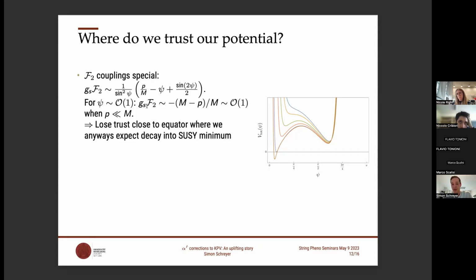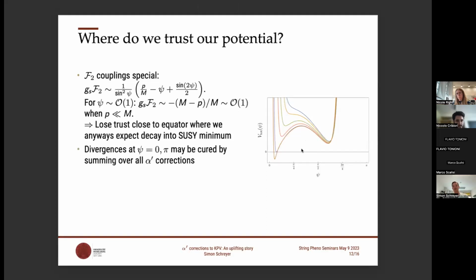And this is order 1 in the regime of KPV, where p is much smaller than m. That means that we lose trust in these F2 couplings close to the equator, which first of all seems very bad because we lose trust in the region to the right of psi order 1. But this is not so bad because we anyways expect that as soon as the NS fivebrane wraps the S2, which is close to the equator, it decays into the SUSY minimum at psi equals pi. So we are not interested in that parameter space of psi.